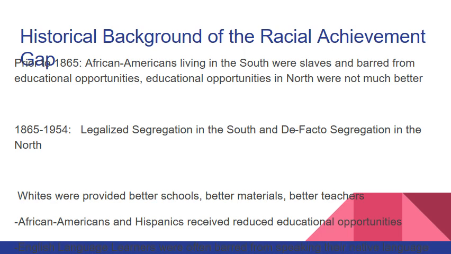There was also segregation in the North. Often it wasn't necessarily part of the law, but it was part of residential patterns. There were some residential laws that restricted African Americans and Hispanics from moving into white neighborhoods. So segregation in the North could also be considered de jure or judicial as well, in terms of being stipulated by the law.